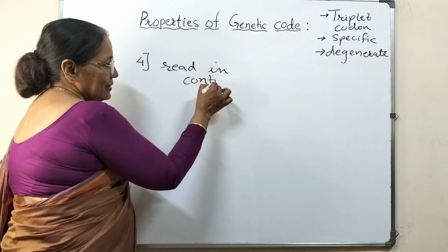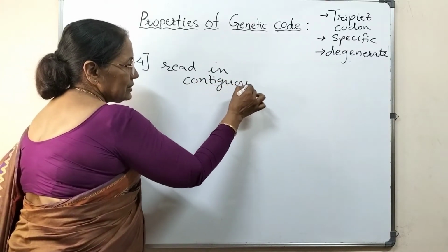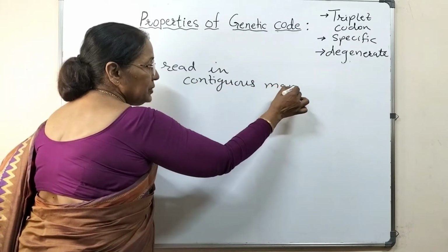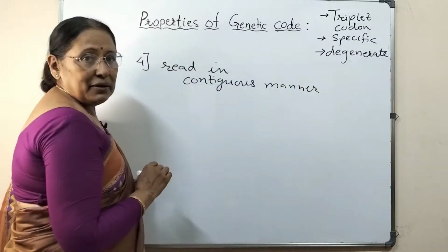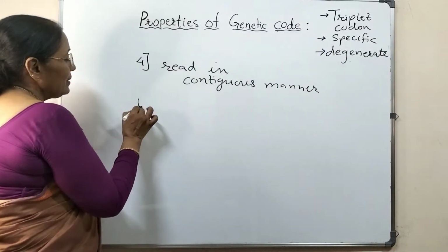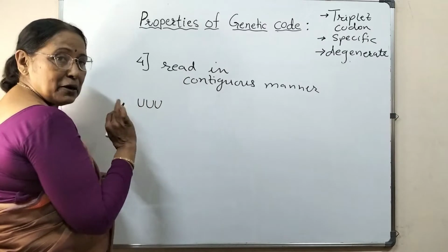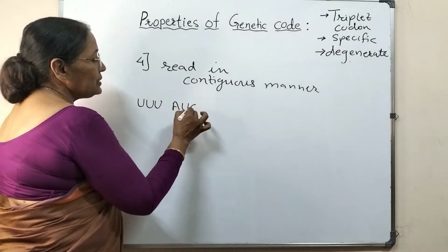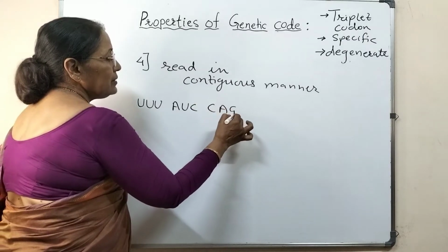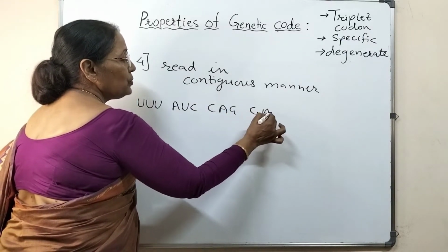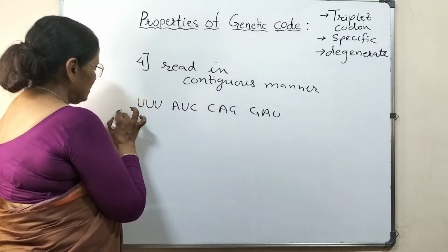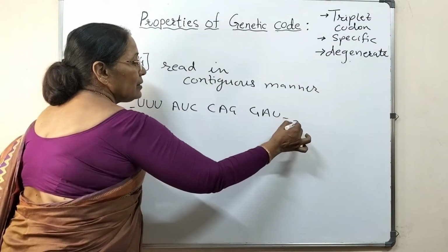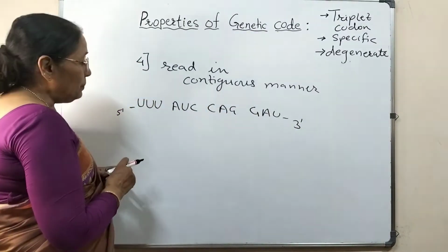Next property is that the genetic code is read in a contiguous manner. That means continuous manner. What do we mean by that? Let us take these sequences present on mRNA: UUU, AUC, CAG, GAU and so on. Suppose this is 5' end, a segment we have picked up.